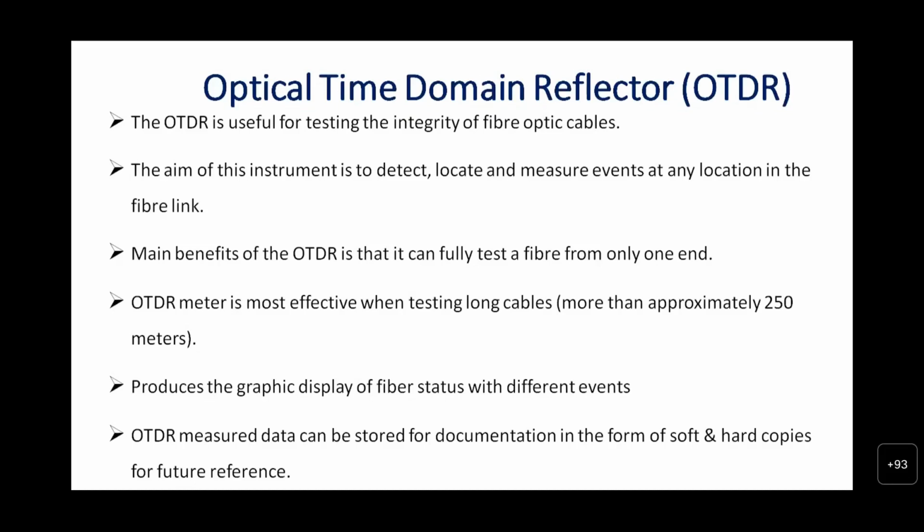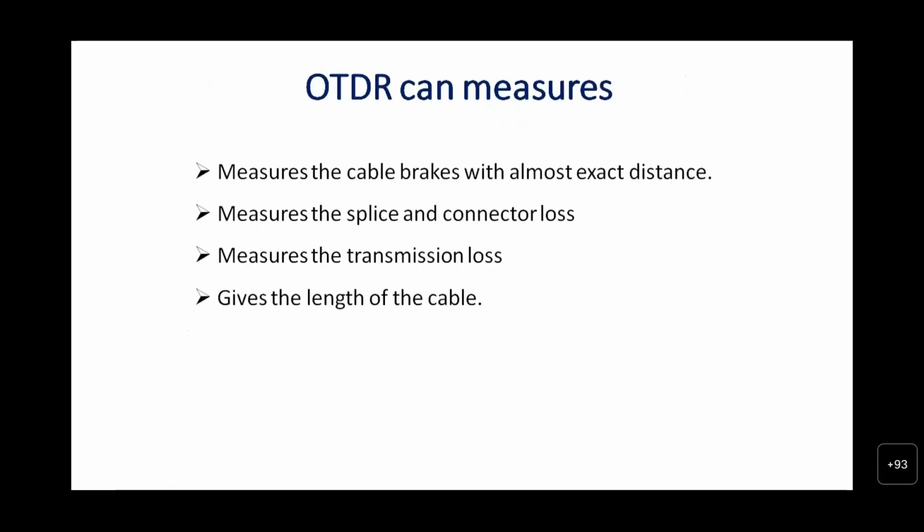It produces a graphical display of fiber status with different events. OTDR measured data can be stored for documentation in the form of soft and hard copies for future reference.